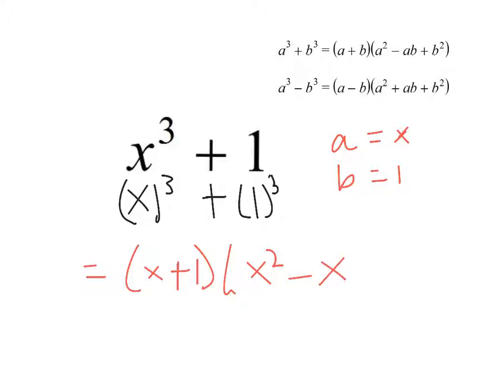And now we're ready to go to the last term, which is going to be b squared, and our b is 1, so 1 squared is 1. Okay, 1 squared is 1, and then we're going to put that over here as 1. So basically, it's just substituting what you have into the identity. That's about example 1. Now we'll go to example 2.